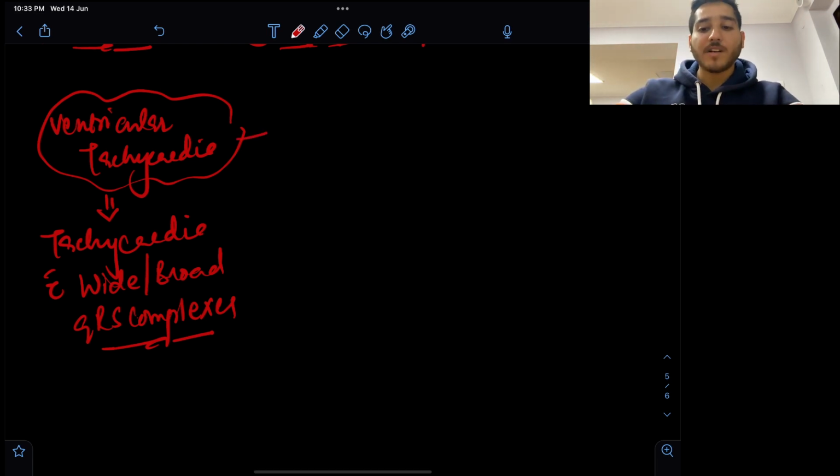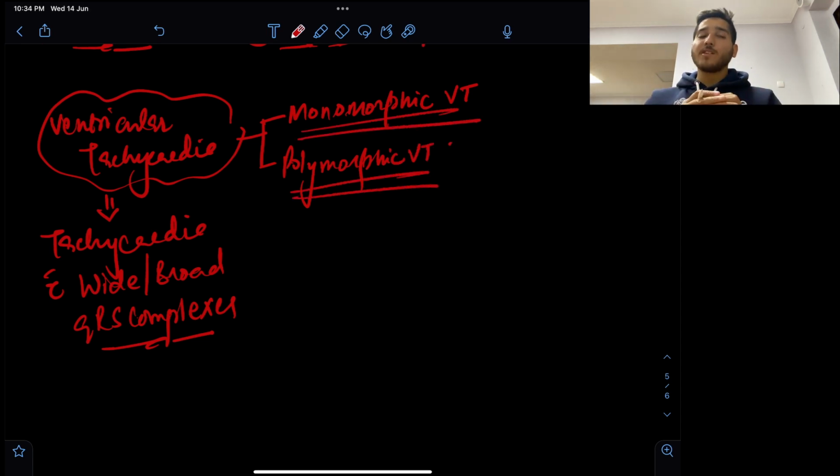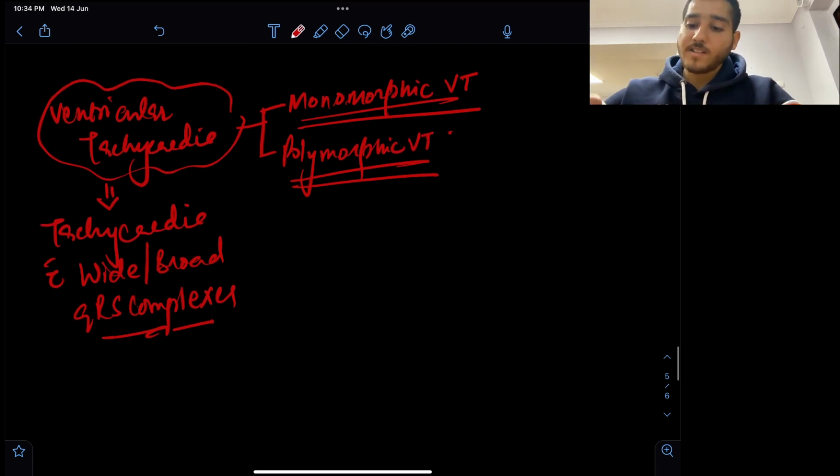There are two types of ventricular tachycardia. I'm not going into depth, but it's better you know about them. There's monomorphic ventricular tachycardia and there's polymorphic ventricular tachycardia. Monomorphic ventricular tachycardia means all the QRST waves look the same. I'm making an ECG here, like this.